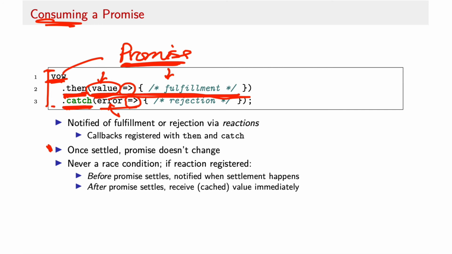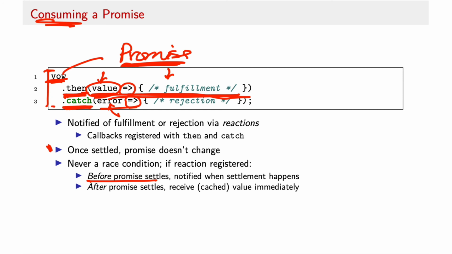Now, because this is asynchronous, we don't have any guarantees of the timing of this code. It might be that you're going to call the next step before the promise settles. Well, if that's the case, the promise object will wait to call your code until the promise settles one way or the other.